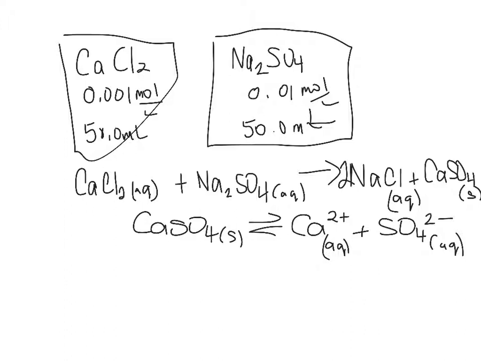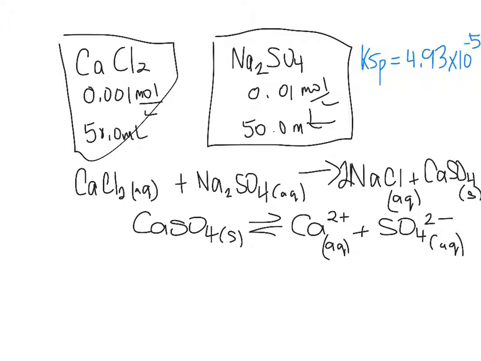We're going to be comparing Q, which is a trial KSP, to the KSP value. Did I give you the KSP? No. So look it up in the back of your book, in your appendix. You're going to figure out if your Q is greater than that.